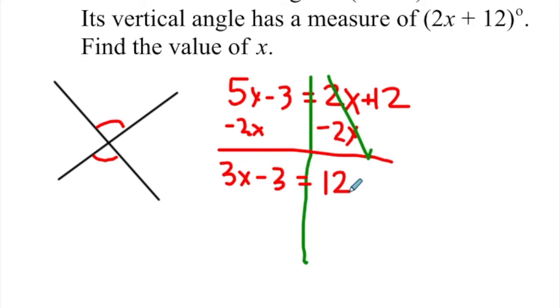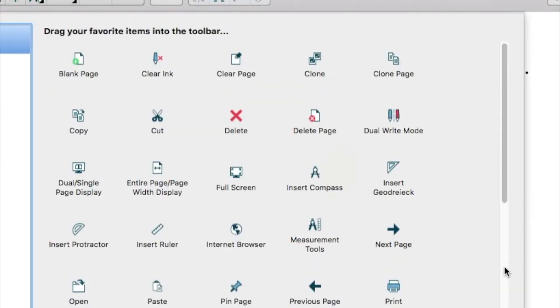Now we just need to work to isolate x, or to get x by itself. So we always remove anything being held on to the x by addition or subtraction first. So we're going to remove that minus 3 by doing its opposite, so plus 3. Have to do that on both sides. So we're going to add 3 on both sides of the equal sign.